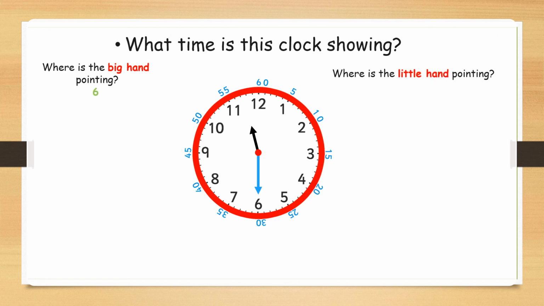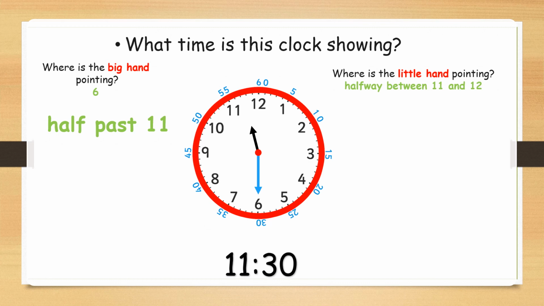The little hand is pointing between 11 and 12. Can you see that? So we are going to write the time as 11:30. Okay, so it is 11:30.